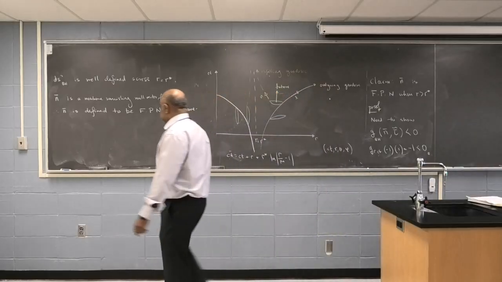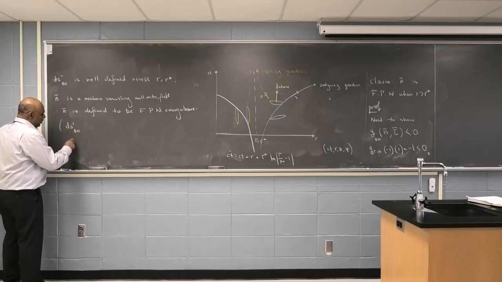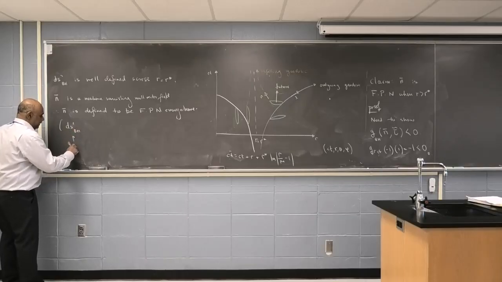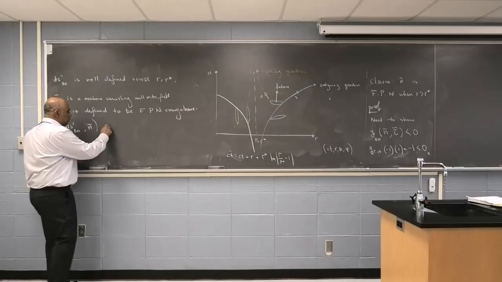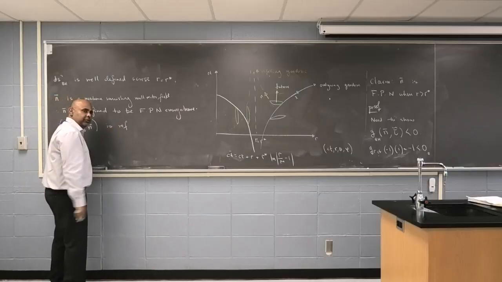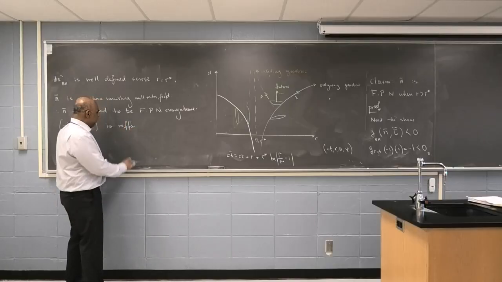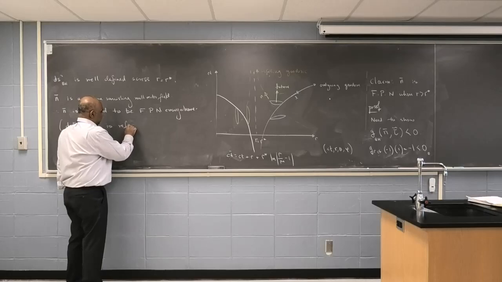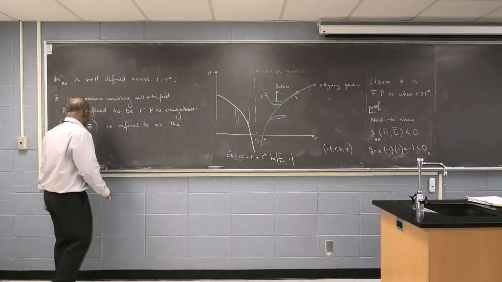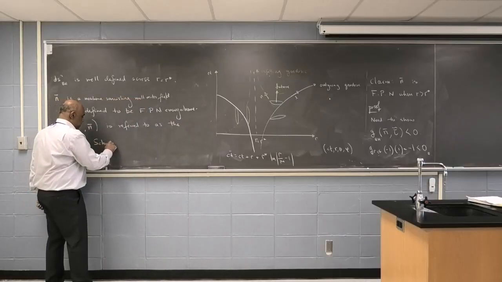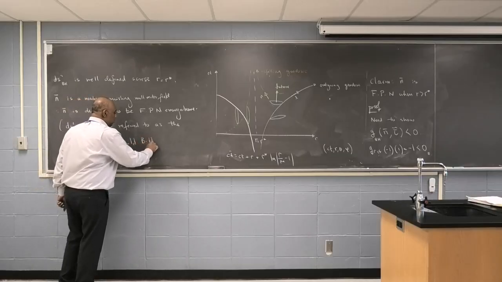So this pair, ds squared bh, or alternatively, I could even put G, H, along with N bar, is referred to as the Schwarzschild black hole spacetime.